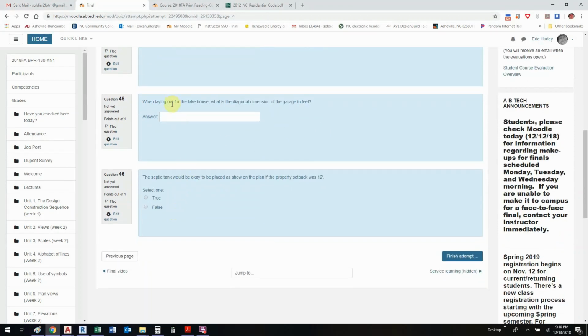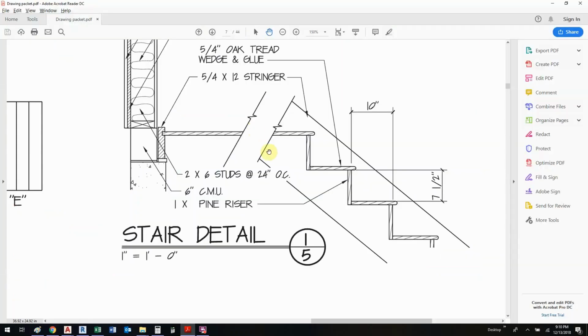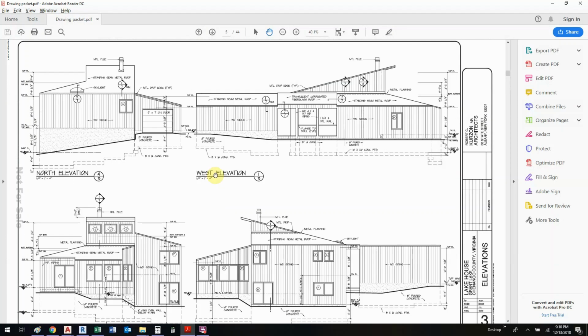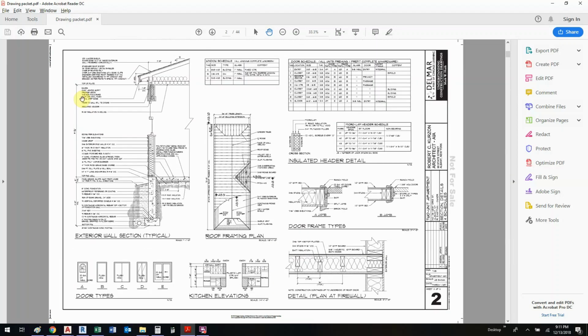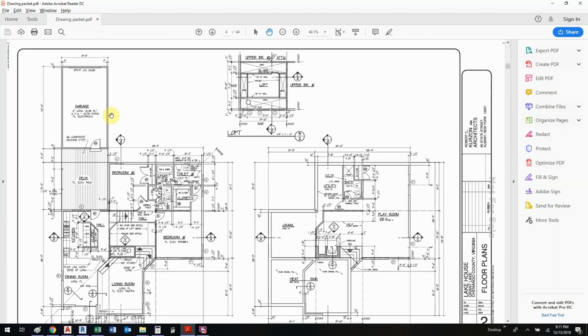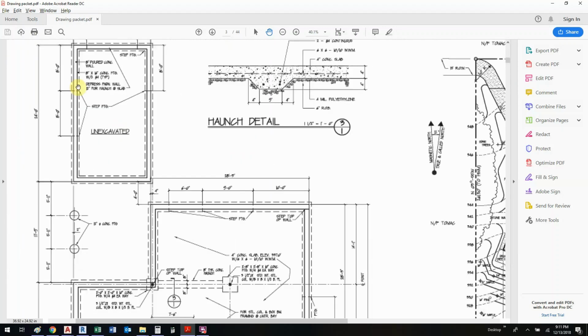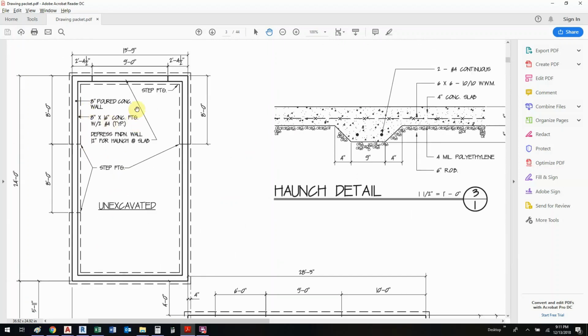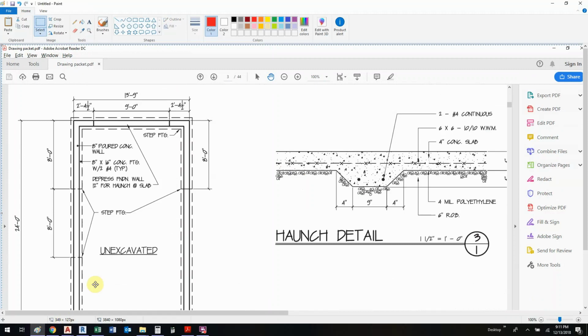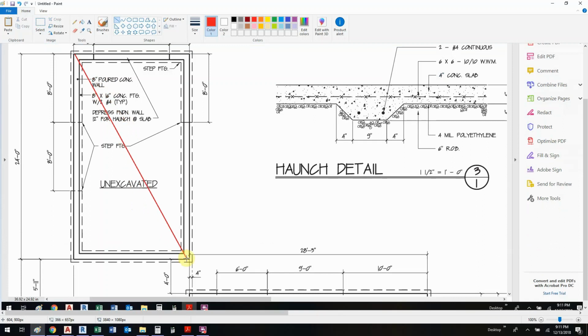When laying out for the lake house, what is the diagonal dimension of the garage in feet? All right, so when we're wanting to lay this out, one of the best ways to lay this out square and even is to do a measurement diagonally from one corner to the other.